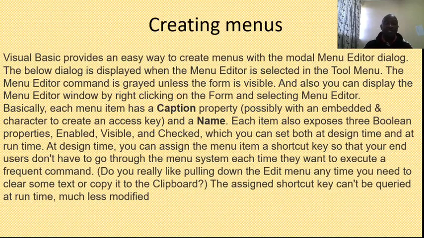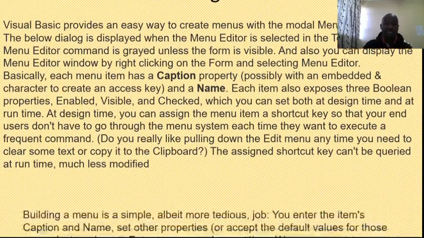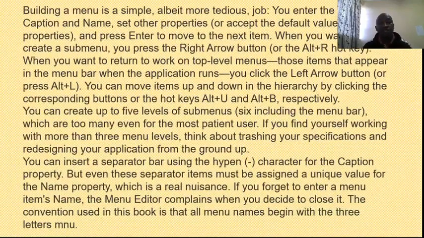Do you really like pulling down the Edit menu anytime you need to clear some text or copy it to the clipboard? The answer is no. You like using Control C for copy, Control X for cutting. Therefore, it is also important you do that. Building a menu is simple.